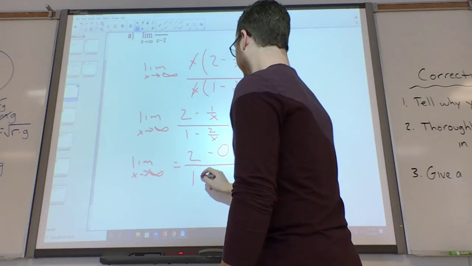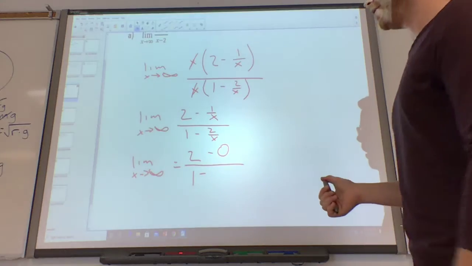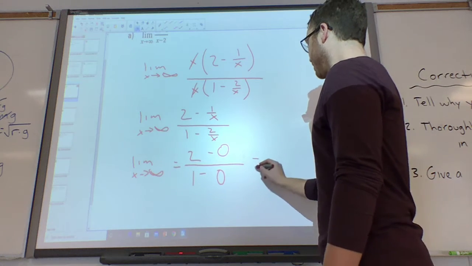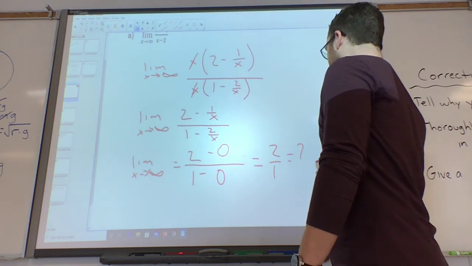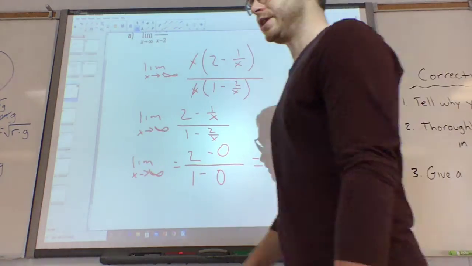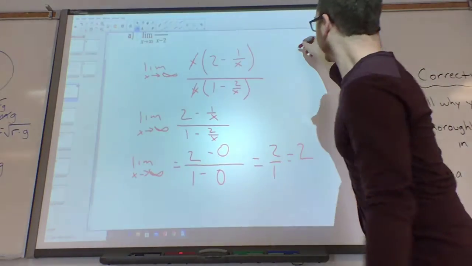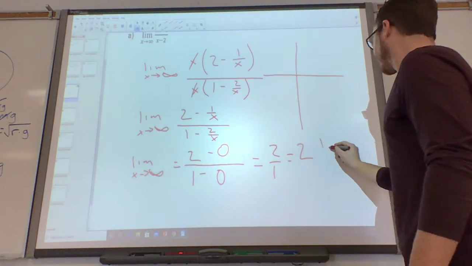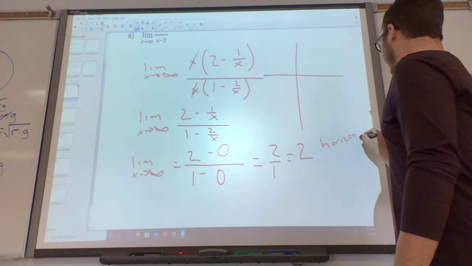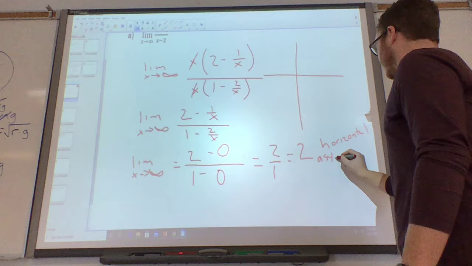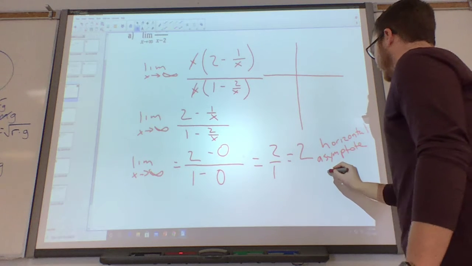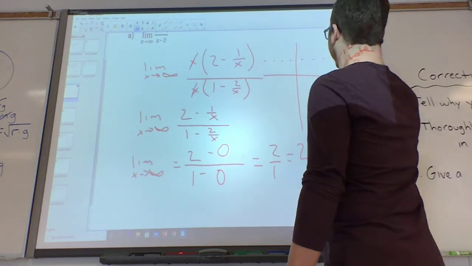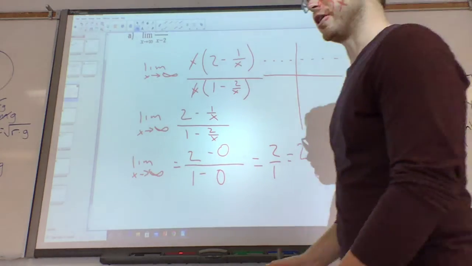Divided by 1 minus 2 over infinity, which is also going to be 0. Good, so 2 minus 0 over 1 minus 0 is 2 over 1, which is equal to 2. Okay, so we know we will have a horizontal asymptote at x equals 2. So somewhere up there we're going to have a horizontal asymptote.